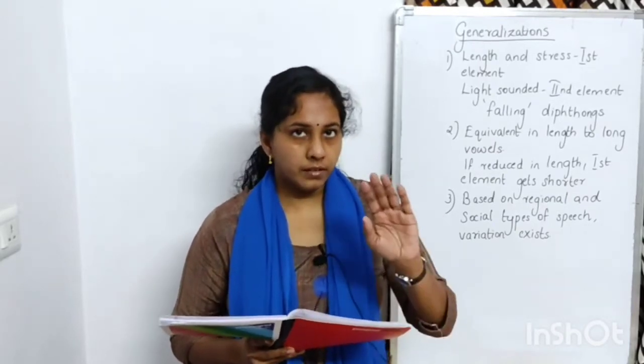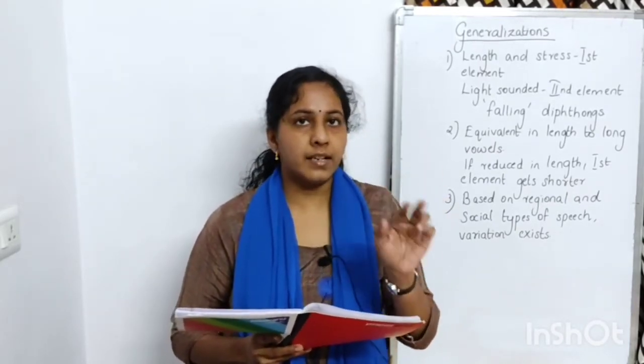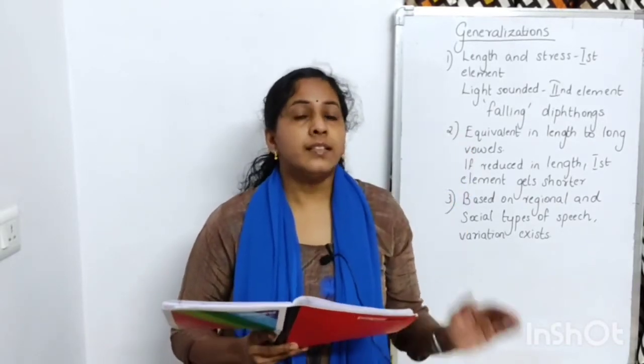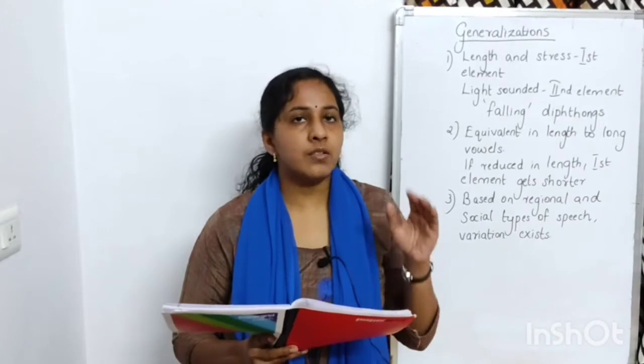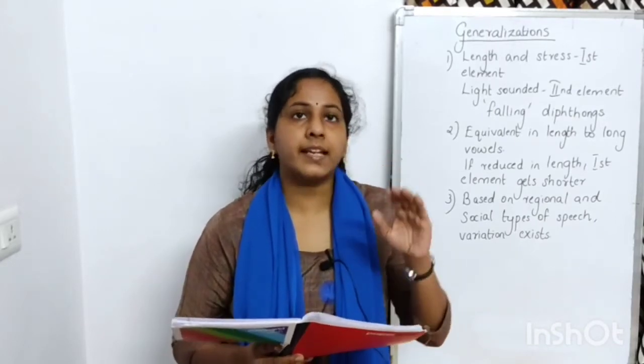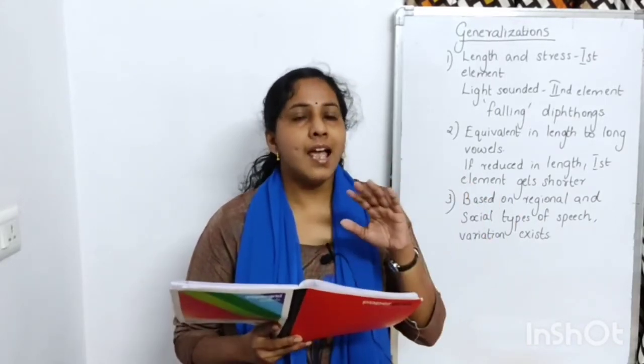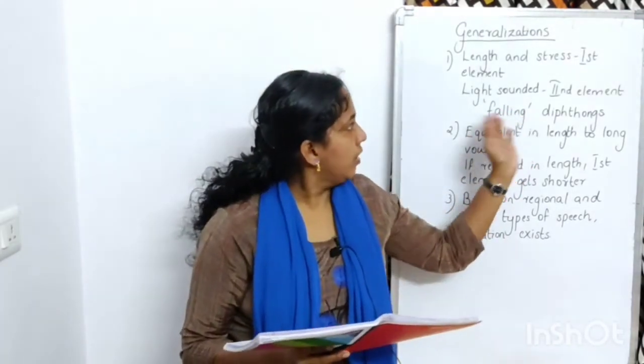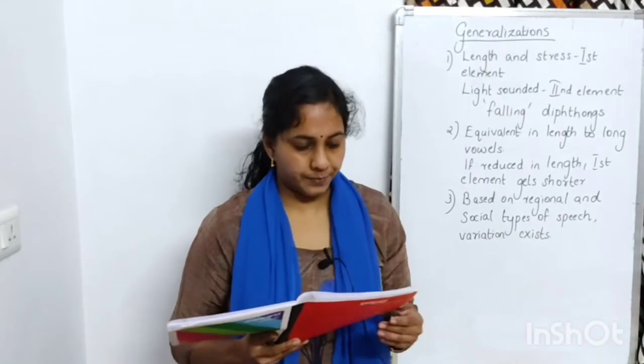Vowel glides go from one sound to another sound, and usually the length and stress is concentrated on the first element while the second element is light sounded. These types of diphthongs are called falling diphthongs.